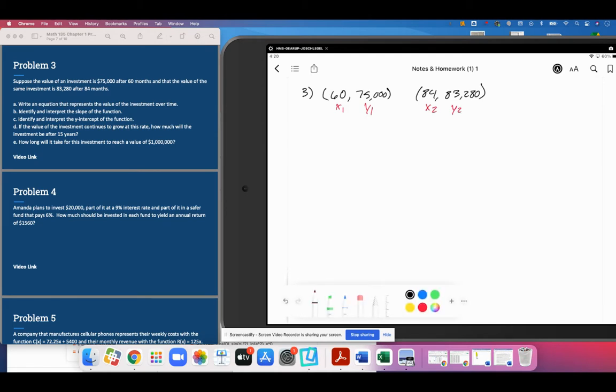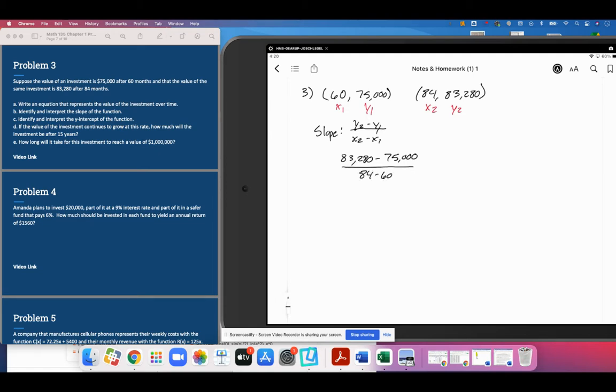For this, we're going to need a slope. So we will do our formula, y2 minus y1 over x2 minus x1. And we've got 83,280 minus 75,000 over 84 minus 60.